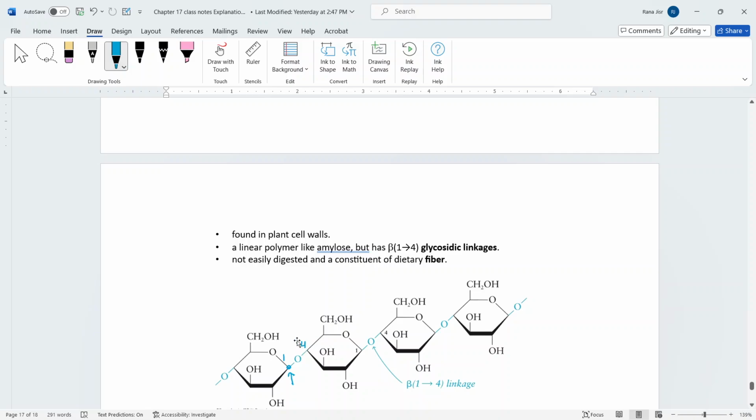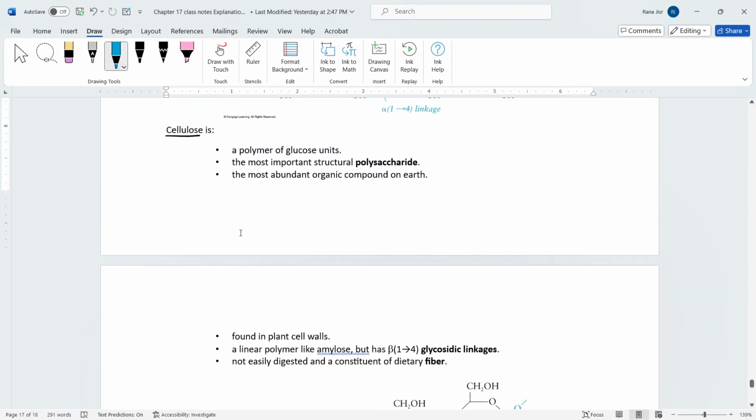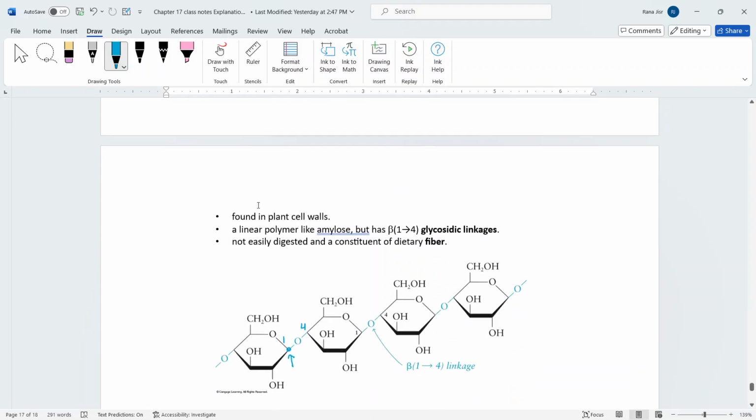It is an amylose. Amylose is a simple polysaccharide, which is made up of glucose units that are connected to each other. Cellulose is the most abundant organic compound on Earth, and it is found in plant cell walls.